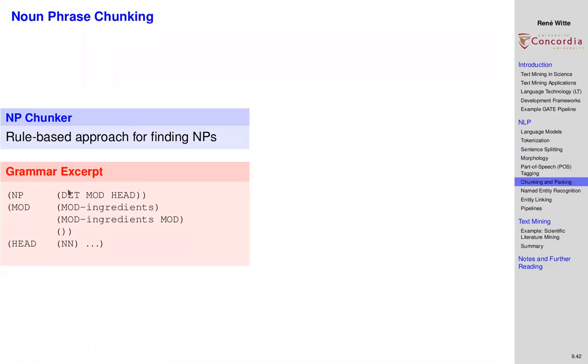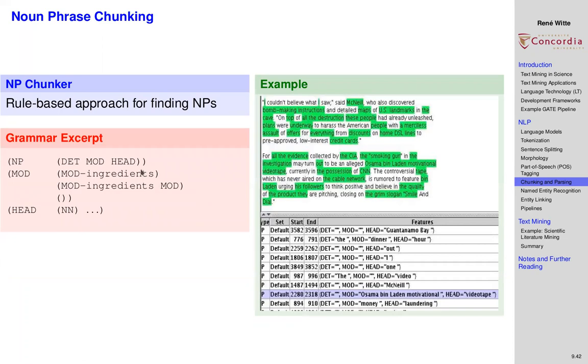You can have an optional determiner, one or multiple modifiers, and a mandatory head. So this is again similar to regular expressions. Here showing it in Gate. Remember, when you run it in a document, the regular expressions run on the graph, and then you can chunk these words together. So here, all the green ones are highlighted noun phrases.